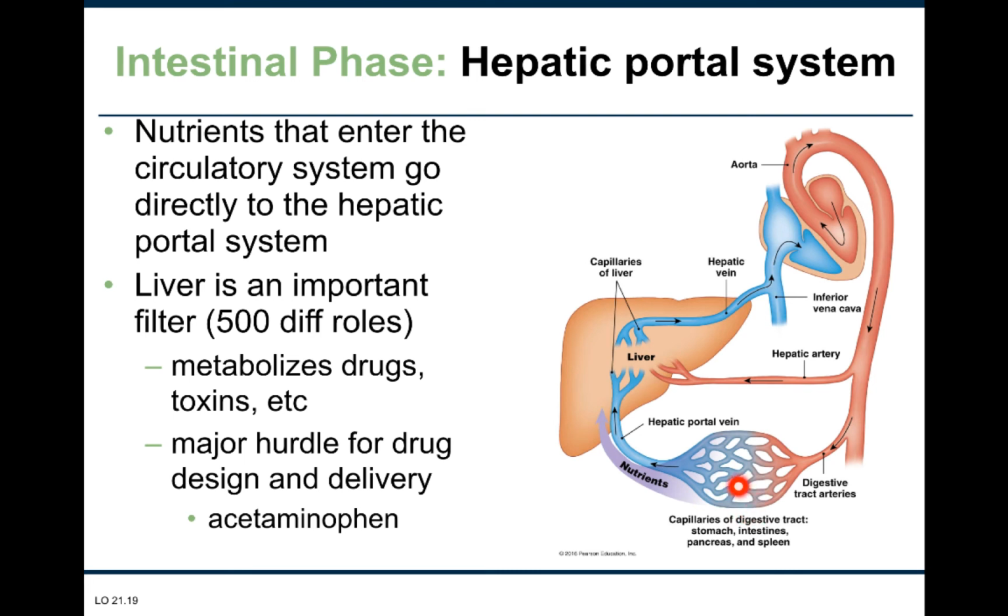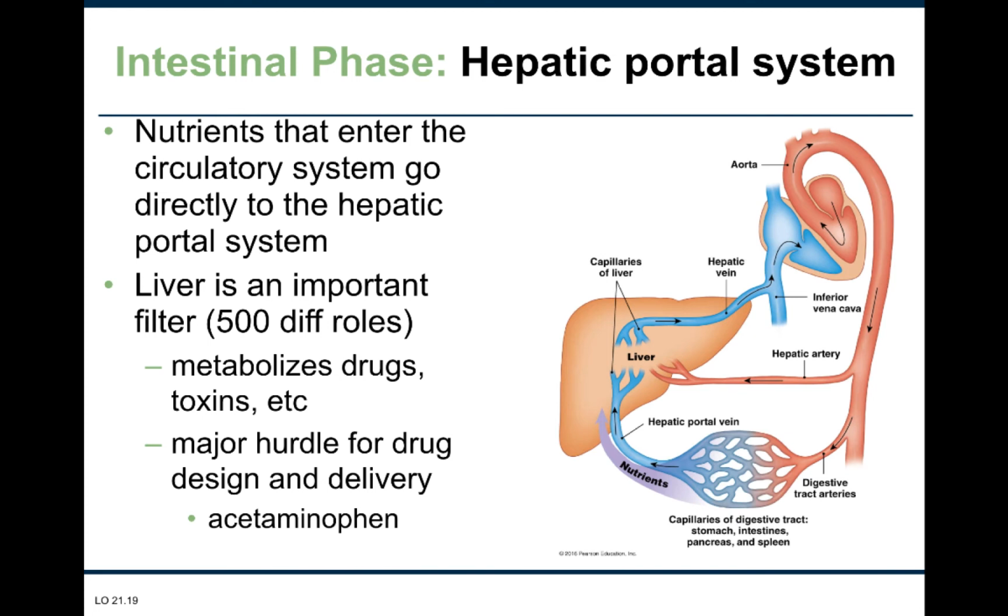But your digestive system actually has a portal system. So when you are taking in all the nutrients from your food and they're being absorbed across those enterocytes, they don't go directly into your circulatory system. Instead, all those nutrients get funneled into a portal vein that goes directly to your liver.